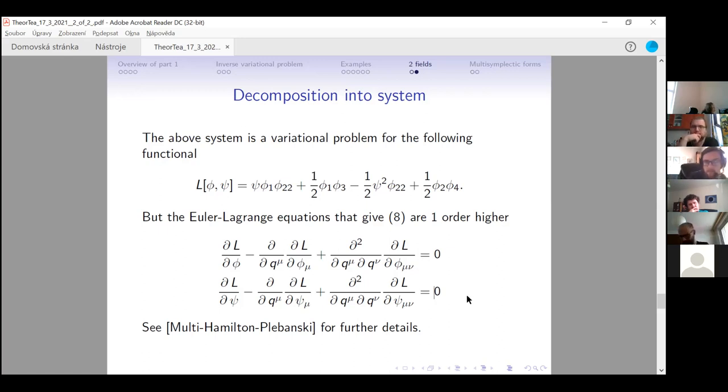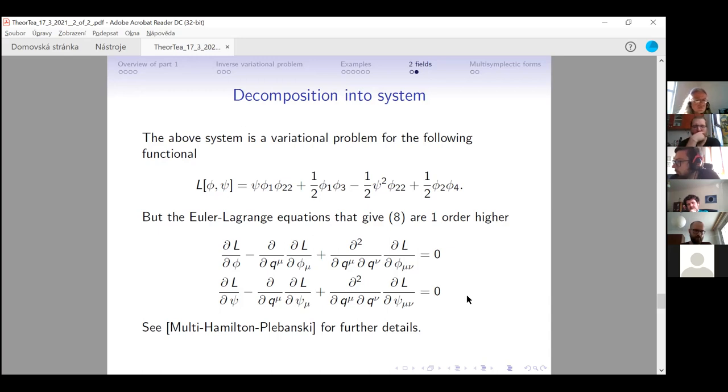Yeah, but that's the problem: if you go to higher jets, you don't have the structure that I'm using in the previous approach, because what we are using here all the time is that the distribution given by the kernel of the contact form is one codimensional. If I go to higher jets, it will no longer be true, so I won't have the same setup at all.